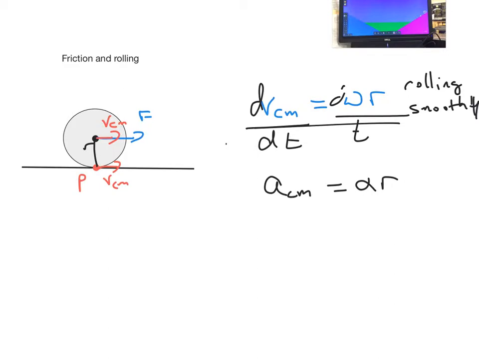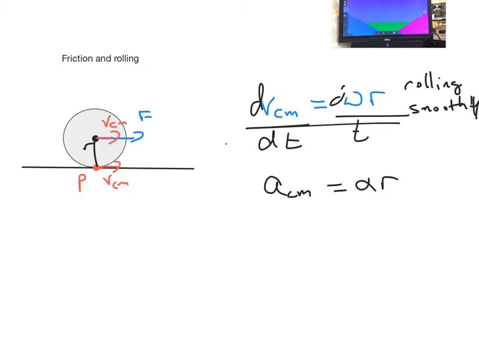Point P is just the point of contact between the rolling object and the surface. In order for that to be rolling smoothly, the tire or wheel, whatever it is, cannot slide at point P. So since there is no sliding, what kind of friction is acting there if it's accelerating? How many types of friction are there? Well, at least we talk about two: static and kinetic.